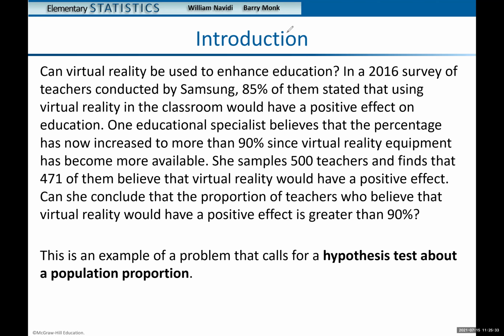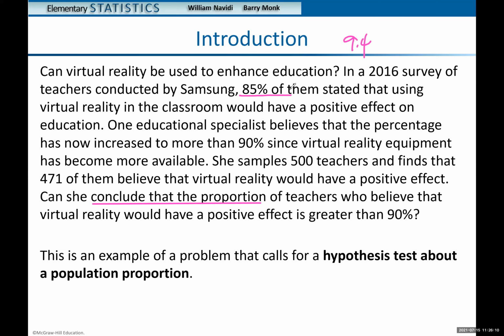So here, look at the question. Can she conclude? That's one thing. You're asking about a conclusion, meaning you need to write the 6 steps. And this is about proportion, so automatically, this is 9.4. Okay, so that's a hint. If you don't see the word proportion, look at the given values.